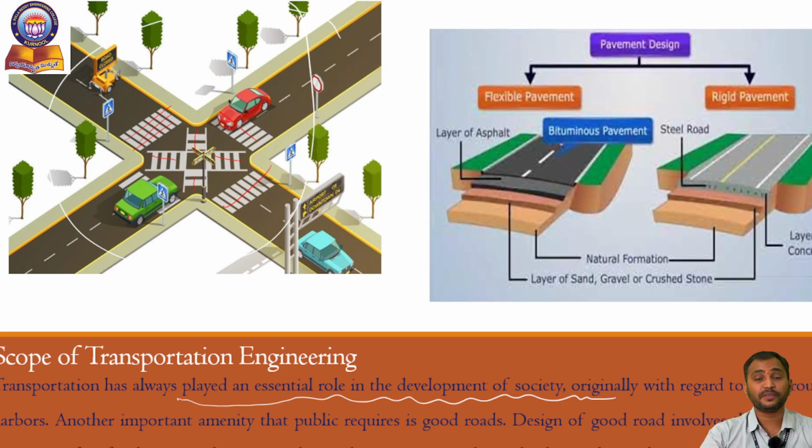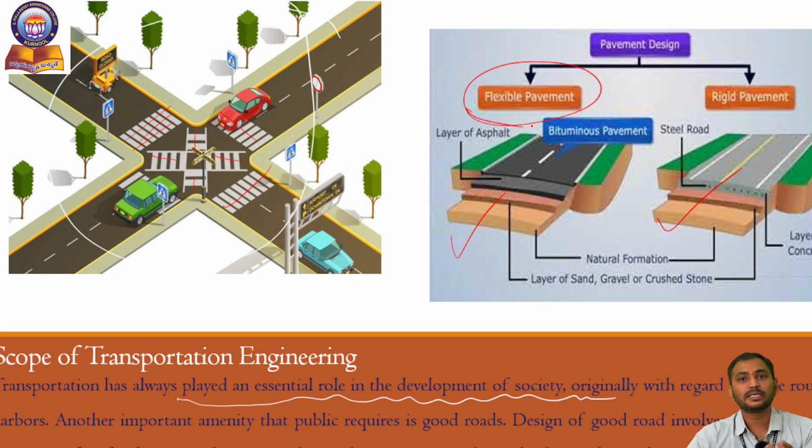And next, which type of pavement should be provided on the road surface? Whether it is flexible pavement or rigid pavement. Flexible pavement means traveling on tar roads, bituminous roads or asphalt roads. Rigid pavement means moving on concrete roads.